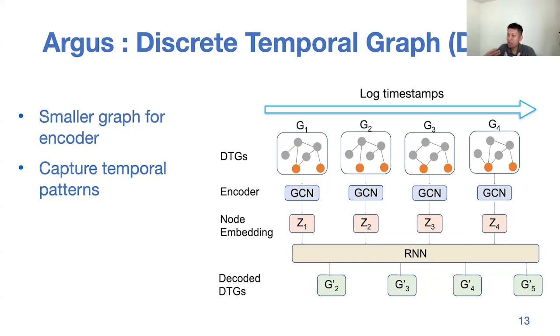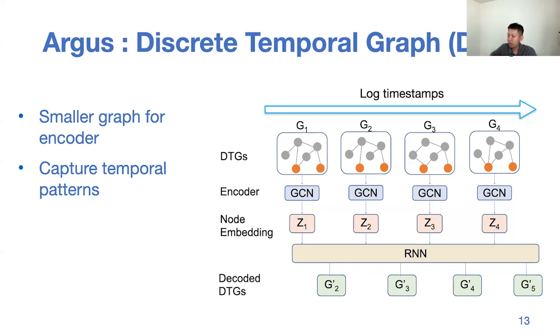And on each temporal snapshot, we throw it into a graph convolutional neural net, which is an encoder. Because the graph is smaller, we are able to achieve higher scalability. And then we're gonna have a bunch of node embeddings for each snapshot. And with this modeling, we are able to capture the temporal patterns with another neural net, the recurrent neural net, RNN here.